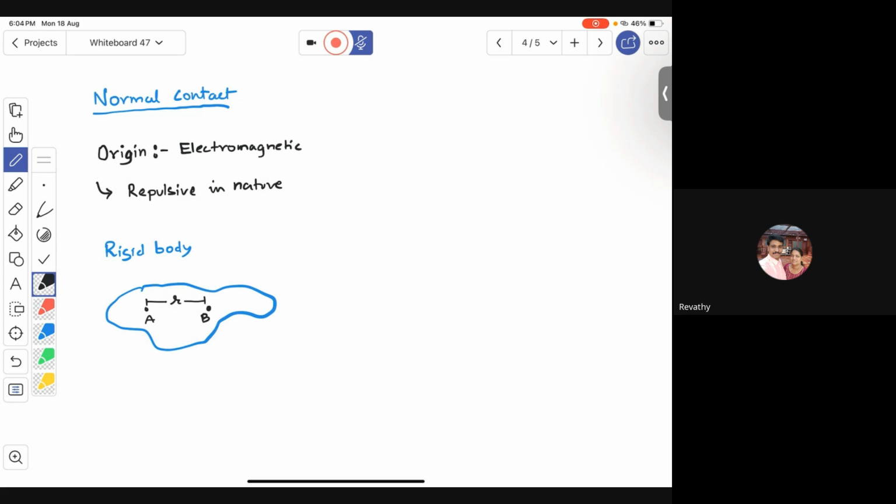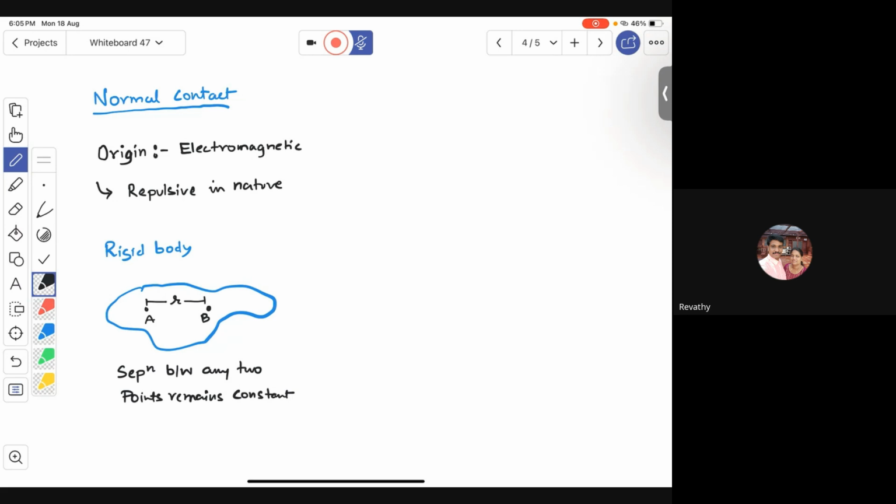So a nicer way to define that is: separation b/w any two points remains constant. And even day-to-day objects, if I don't apply a huge amount of force on them, can behave like a rigid body. Correct?